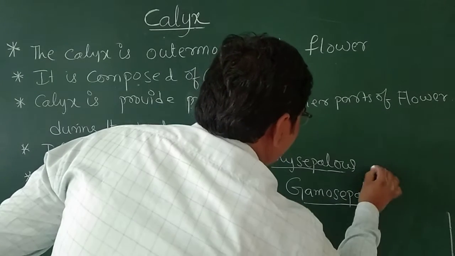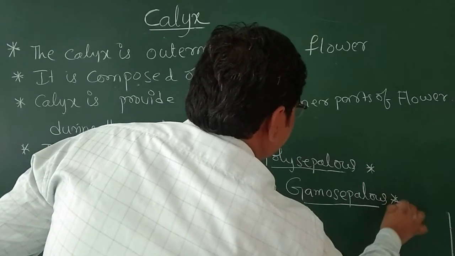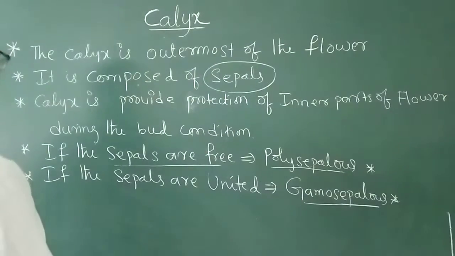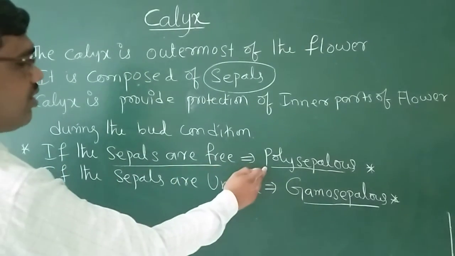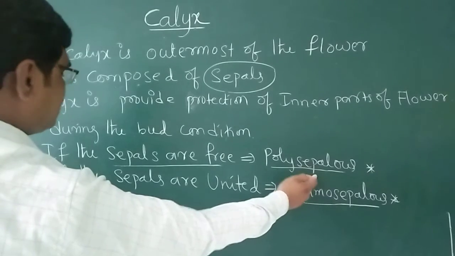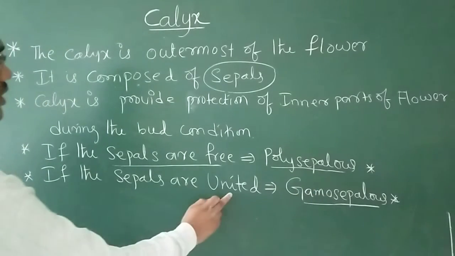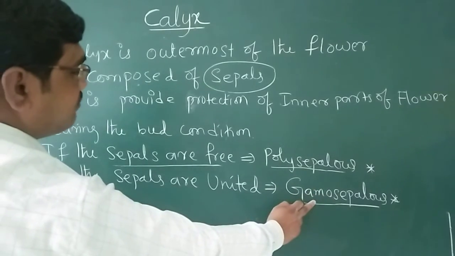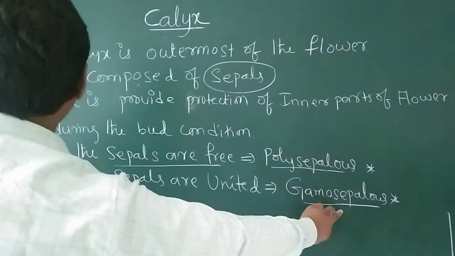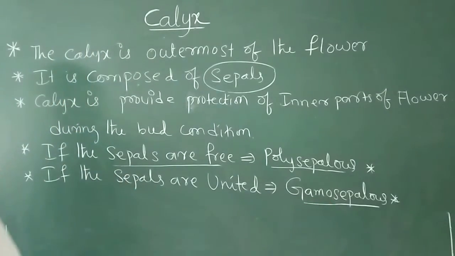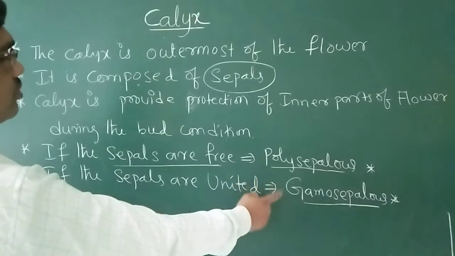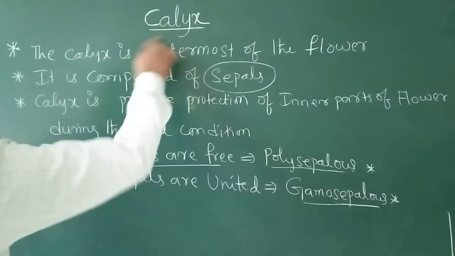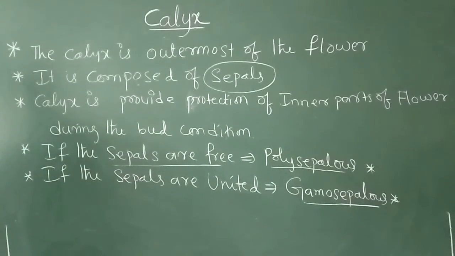These two are the most important concepts in the calyx. If the sepals are free, they are called polysepalous. If the sepals are united, they are called gamosepalous condition. Okay? So these two are the most important concepts about the calyx.